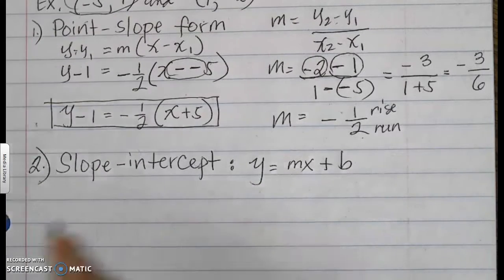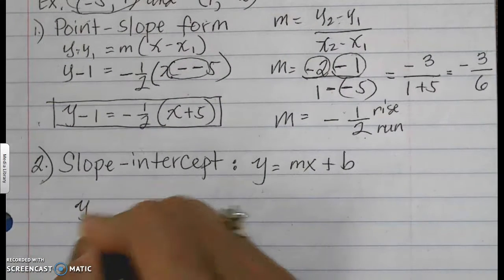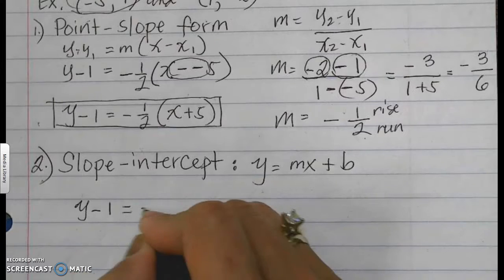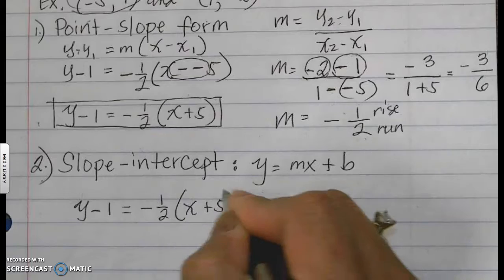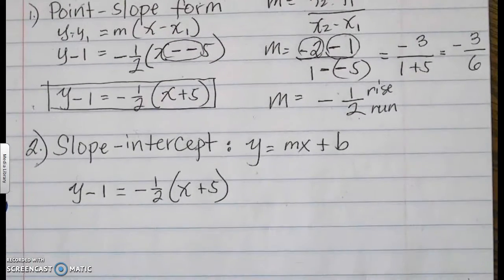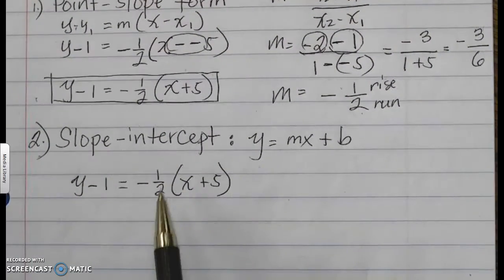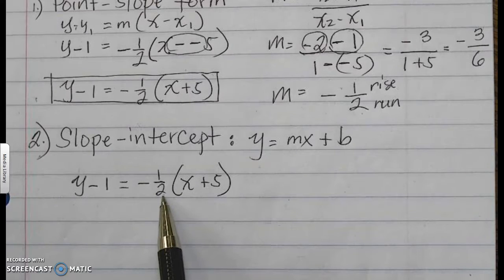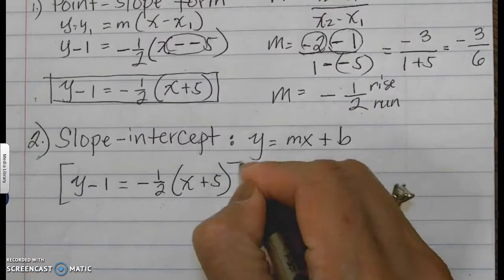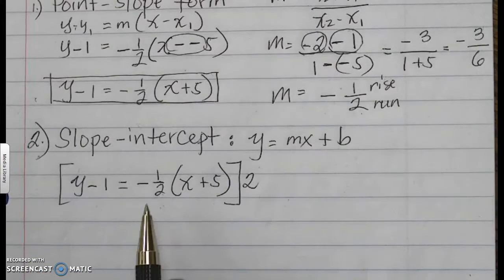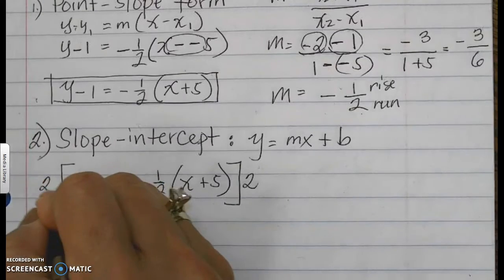So y minus 1 equals -1/2 x plus 5. Well, before we isolate the y, I want to point out that you have a denominator of 2, and you want to get rid of that. The way to get rid of that is by multiplying all of these by 2. Whatever you do on the right, you do on the left.